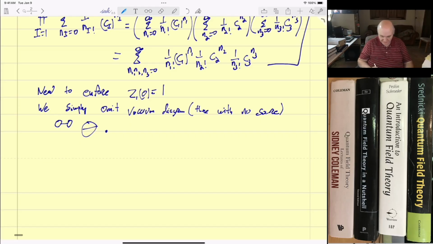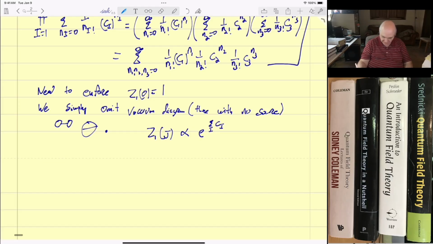Now, you might think this is like we're changing our equations or our formulas, but think about it. We have Z1(J), which is proportional to e to the sum over I of CI.